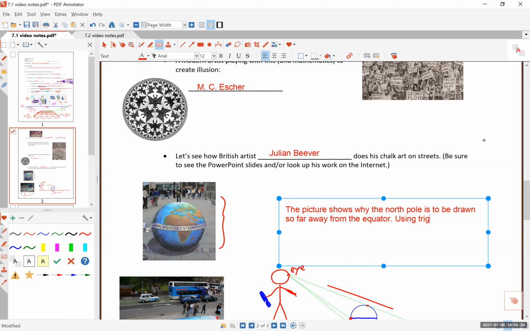Now, if you use trigonometry, Beaver, I don't know if he actually did this or somebody else did it, or maybe he just does it by different methods. But if one uses trigonometry, then one could actually calculate the locations of these points on the sidewalk.